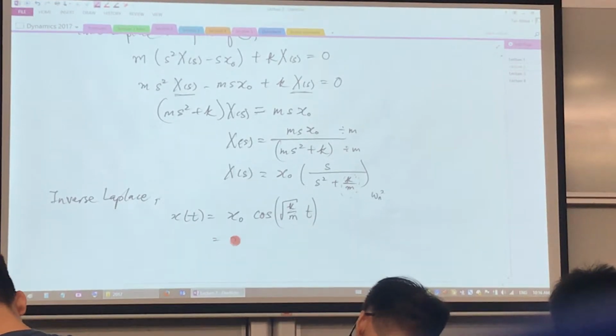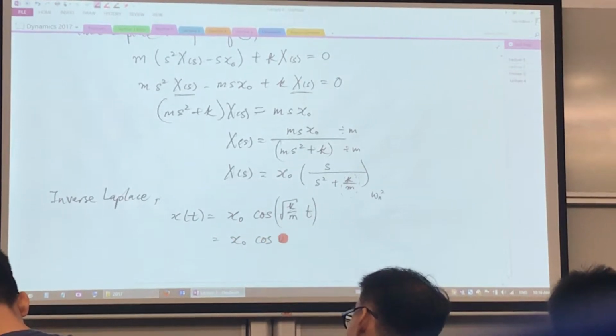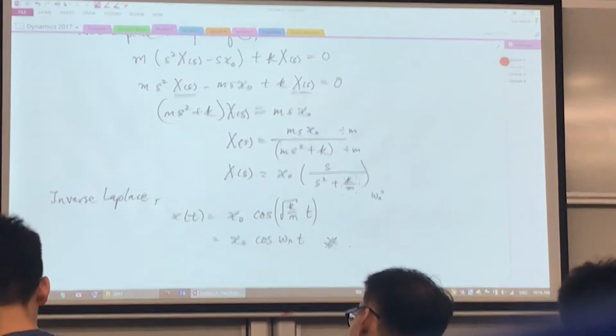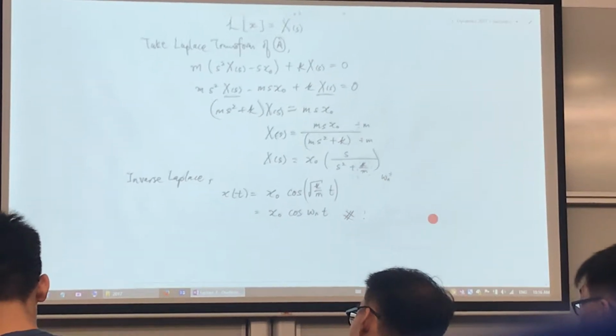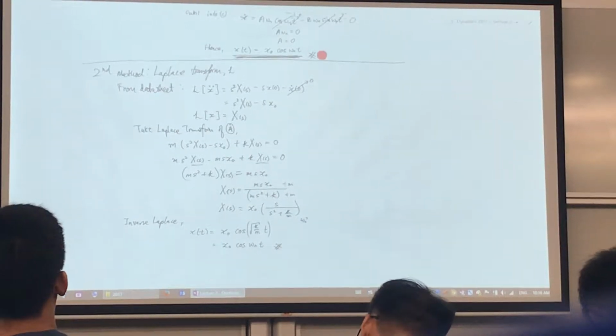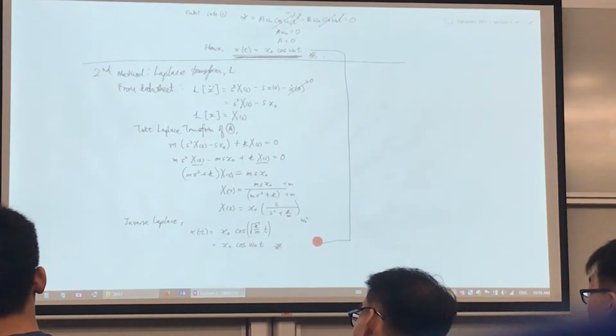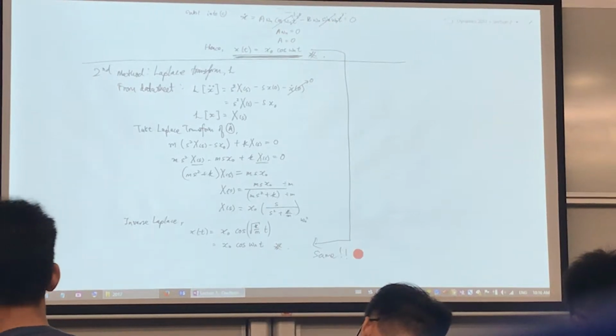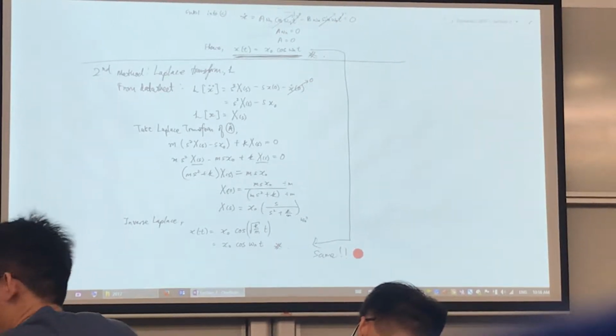Or you can just write x naught cosine omega n t. So now if you compare these two methods, the first method and the second method, they are the same. So you can use either method to solve it.